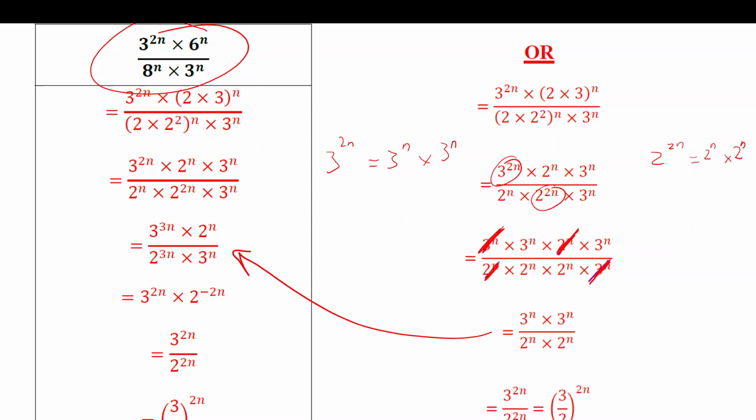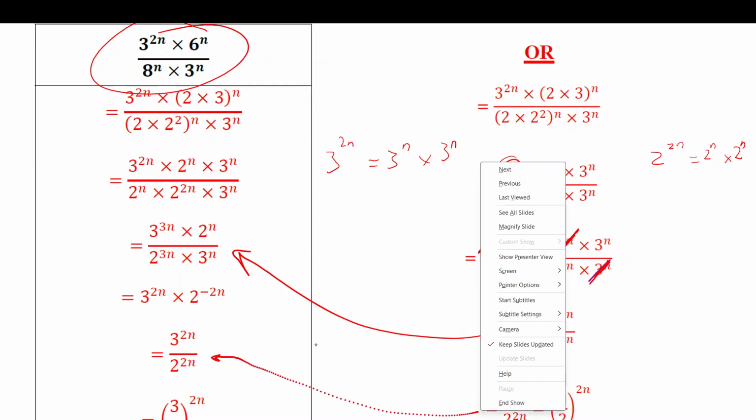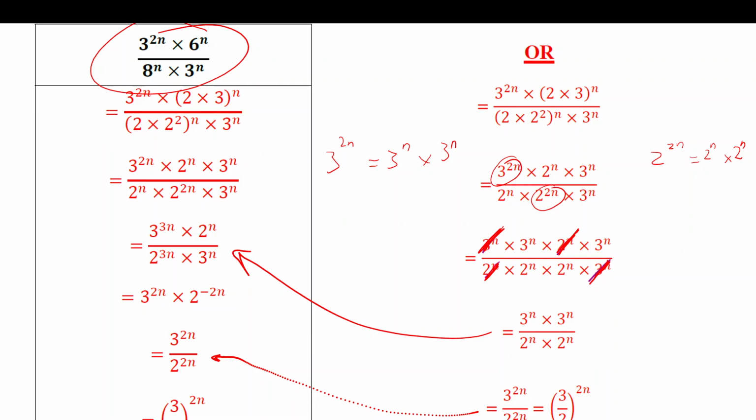But it will eventually get us down to here, which is what we got there. Anyway, there are multiple different skills that you can use here. It's just going with what makes most sense to you. As long as you're not making any errors, not using the wrong technique, you can essentially do whichever one you want.